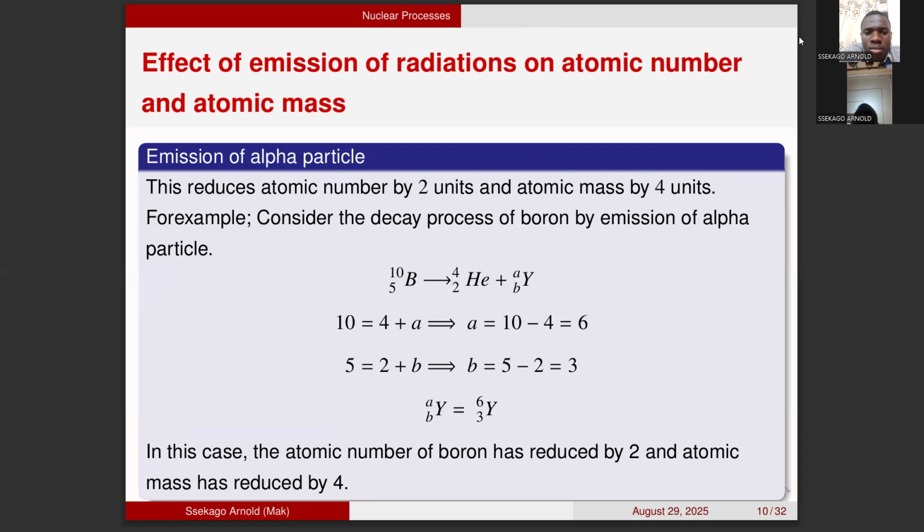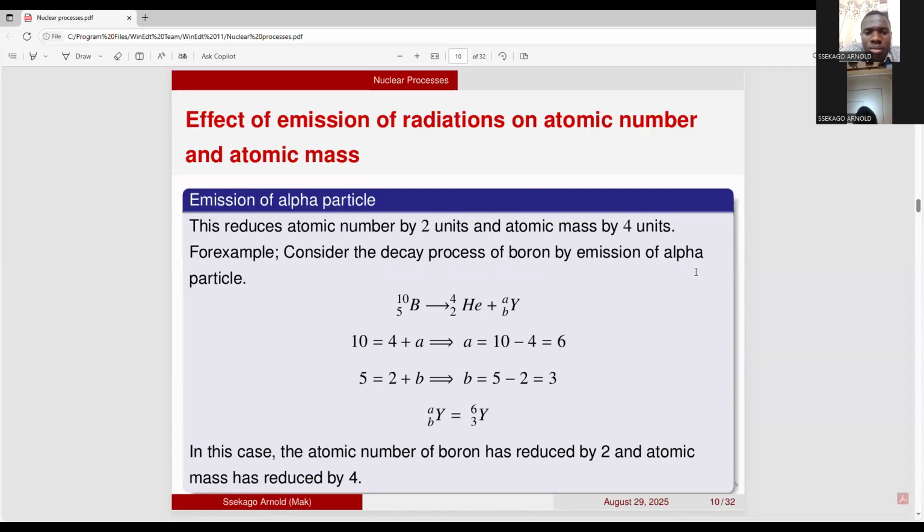So when a radioactive substance undergoes decay process, let me show you an example here.